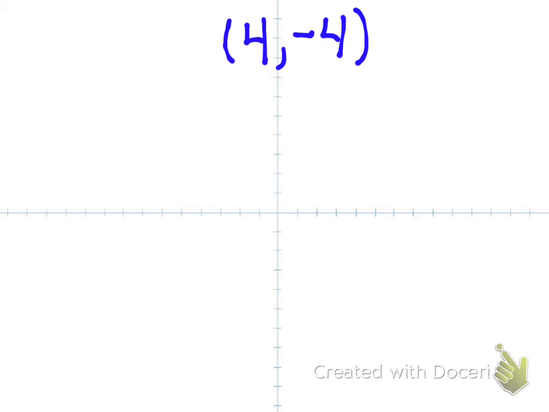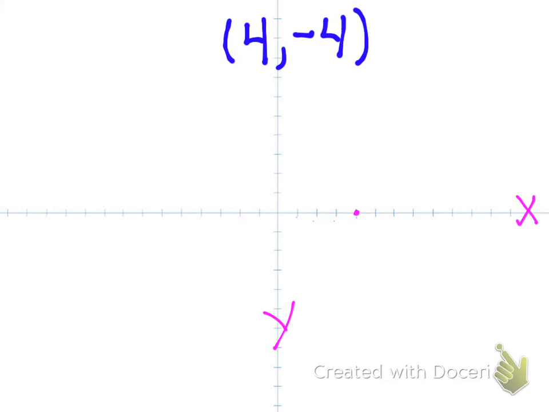So we're going to go through a couple of examples now. At the top of the screen, you'll see the ordered pair 4, -4. Now remember, this is our X axis, and this is our Y axis, the vertical one. If I've got the ordered pair 4, -4, I'm going to be traveling to the right to the 4. So this is where the 4 would be, where I put this very small pink dot, 1, 2, 3, 4, and then I would be going down.